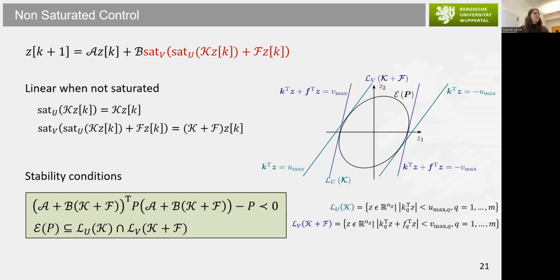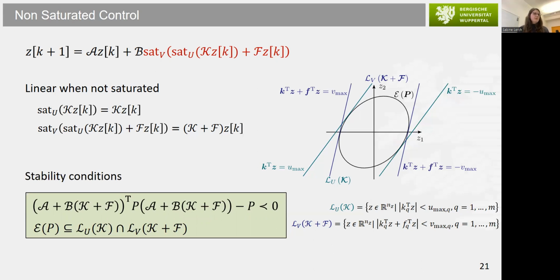The first one is the Lyapunov stability condition of the linear closed loop. So now we have here K plus F instead of those nonlinear functions. The second one is the condition that guarantees that the guaranteed domain of attraction is really inside those linear areas.